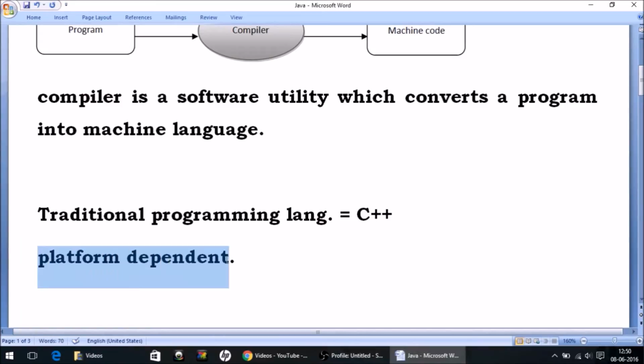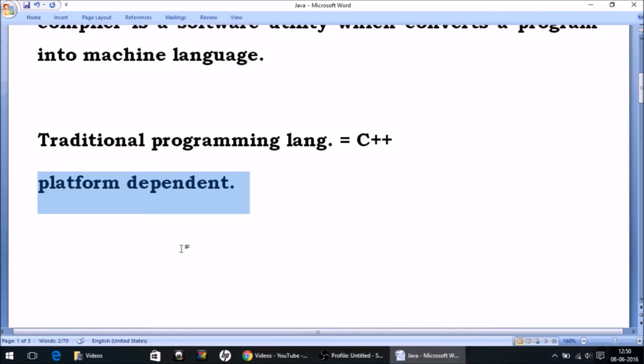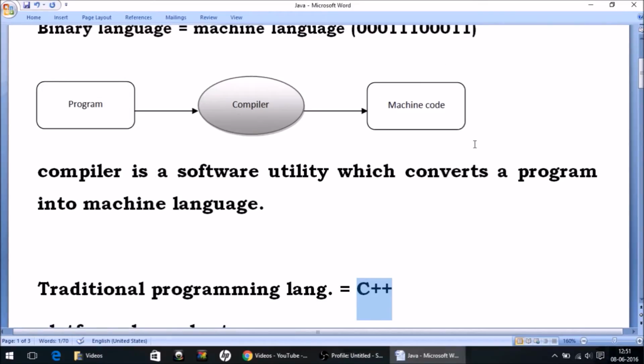You have to understand this thing because otherwise you won't be able to understand why Java language is called platform independent. So the programming language like C++, which has a compiler which converts a program written in C++ into machine code, and this machine code is always in the form of an executable file if we are talking about Windows operating system. In other words, you can say this machine code will execute only on the machine on which the program was written.